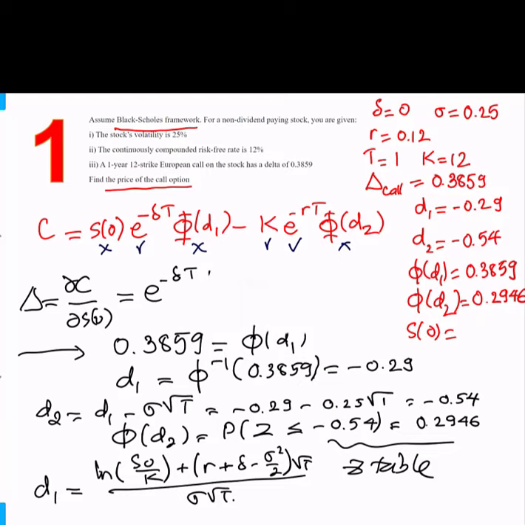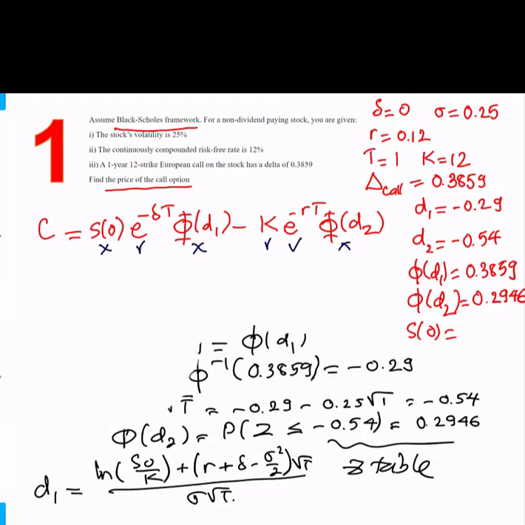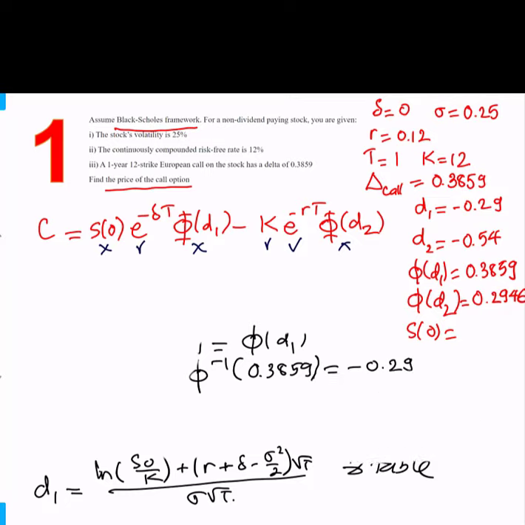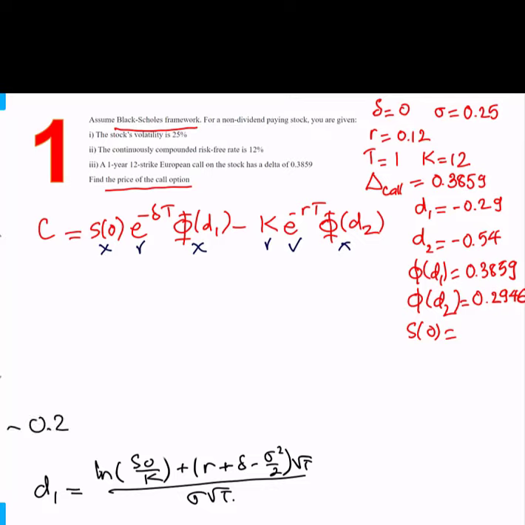S0 from here. Now let me erase the board so that I can have more room for this problem. I'm going to erase this part because we already got D1 and D2. Now using this formula, we are going to find S0.